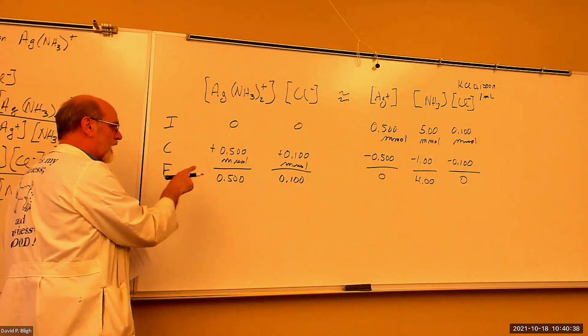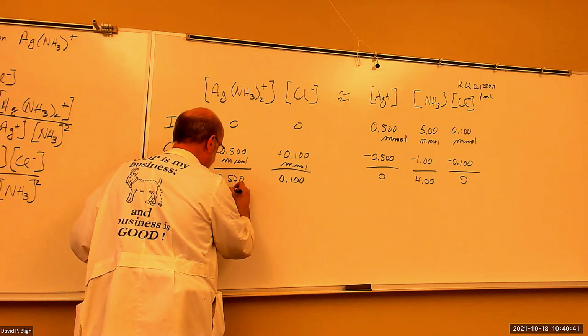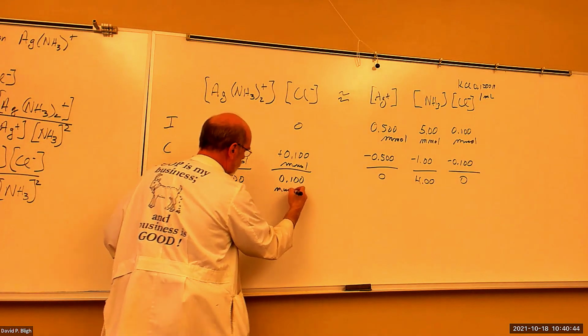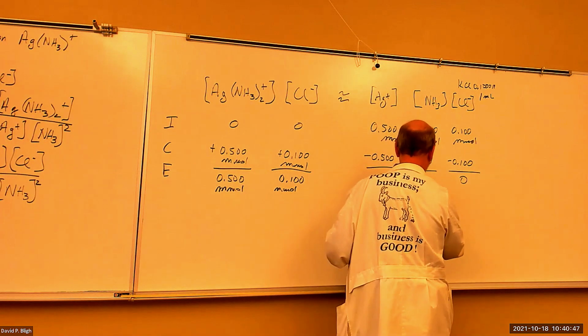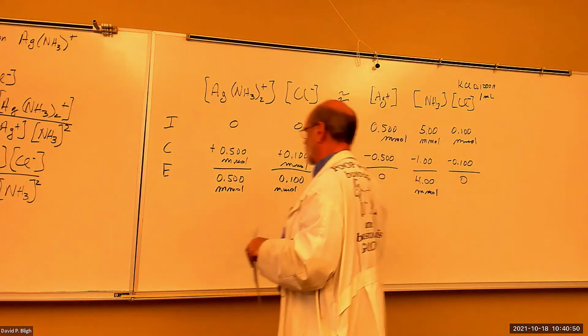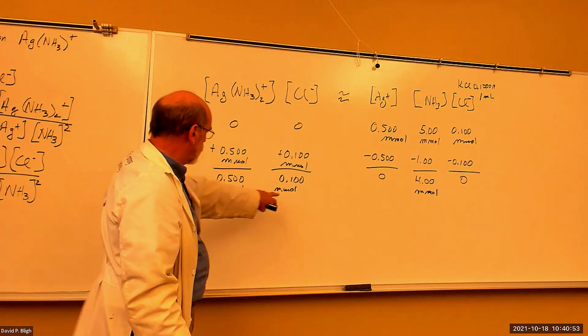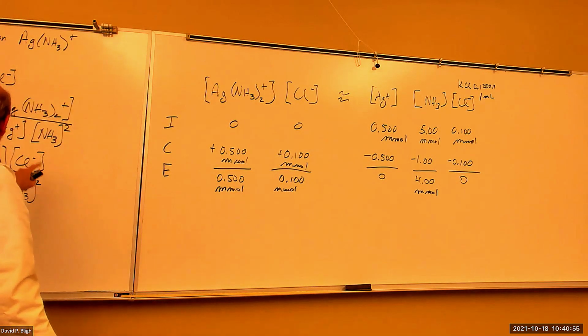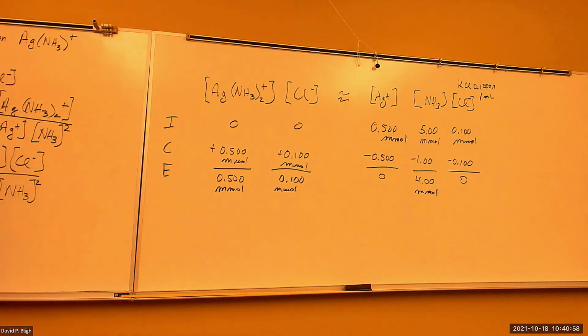Okay, now in order to do the calculation, we have to know the concentration. Do we have enough information here? Let's see. We have chloride at equilibrium. But we're going to use this one to do the calculation. This one was to set up our ICE table. Right? Well, we're going back to this one to do the calculation. KSP, then ammonia at equilibrium is 4 millimoles, and chloride is 0.1 millimoles, and the complex ion is 0.5 millimoles.